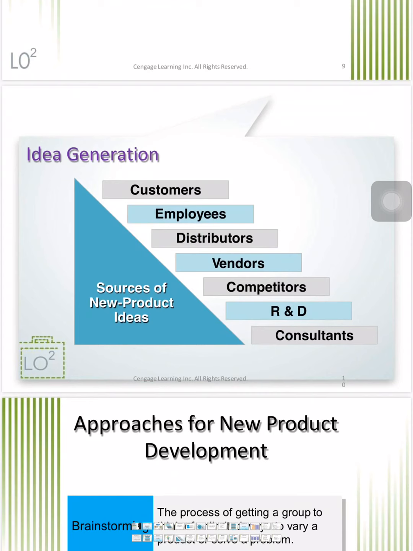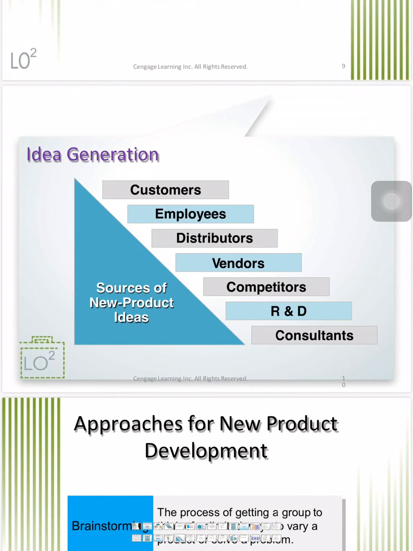Next, which is R&D, which is research and development. This is an internal source, where for example big organizations, of course they have R&D departments, which help them to generate ideas for the future new product.